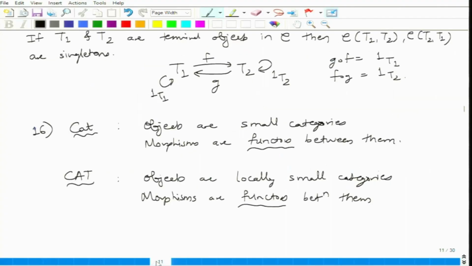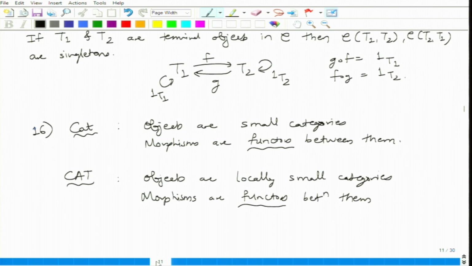Then there is also an identity functor on each category. It takes objects of that category and maps them to themselves, and takes morphisms and maps them to themselves. So composition is automatically preserved, identity is preserved. So far what I described to you is the categorical structure of the category Cat.